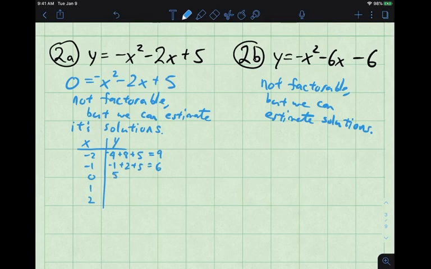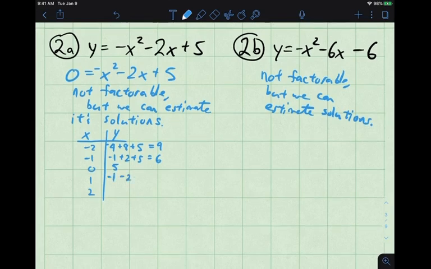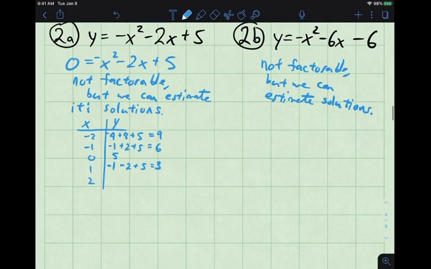This one's just 5. Negative 1 minus 2 plus 5 gets us to 3. Here, negative 4 minus 4 plus 5 equals negative 3.